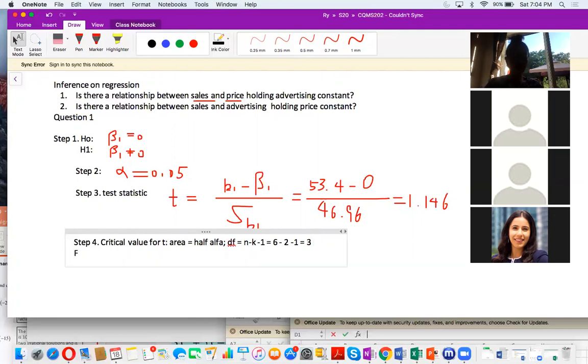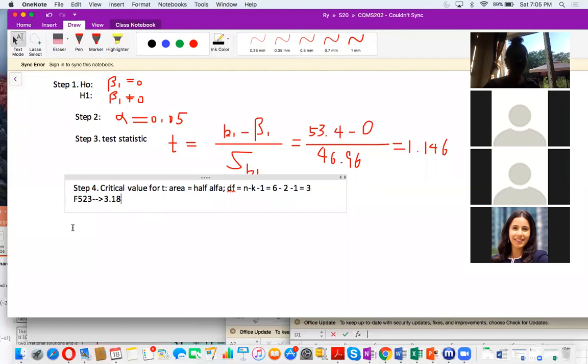Area 0.025, degrees of freedom 3, and you get critical value 3.18. So 3.18 is the critical value. This is step 4.